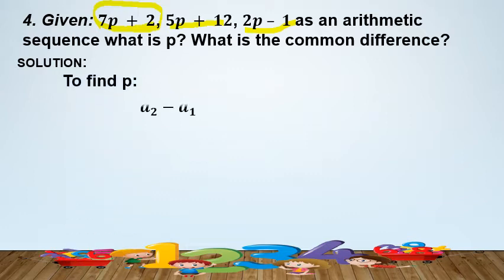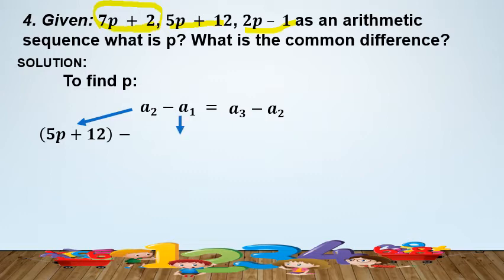To find p, gagamitin lang natin or i-equate lang ang formula sa pagkuha ng common difference. So, a sub 2 minus a sub 1 equals a sub 3 minus a sub 2. Ang a sub 2 ay 5p plus 12 minus a sub 1.